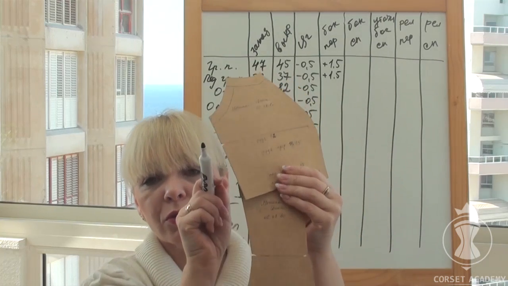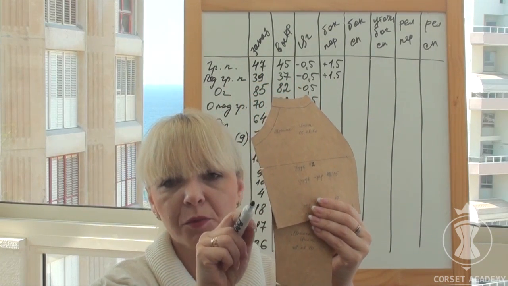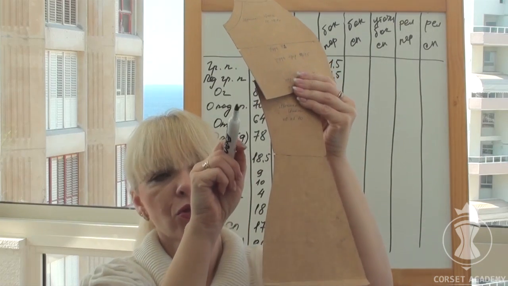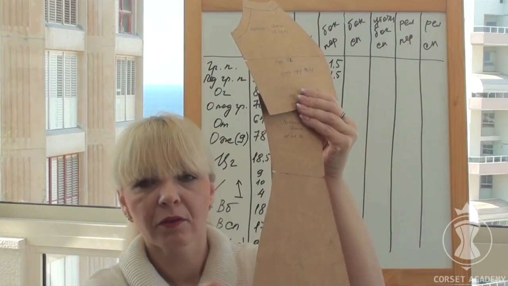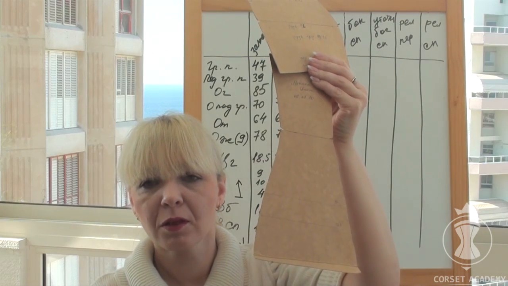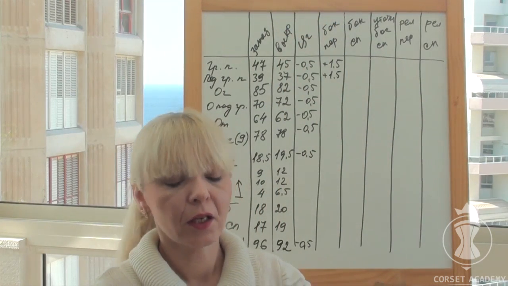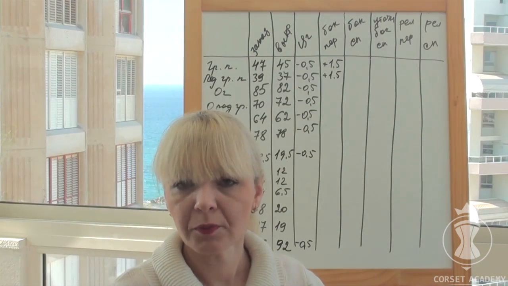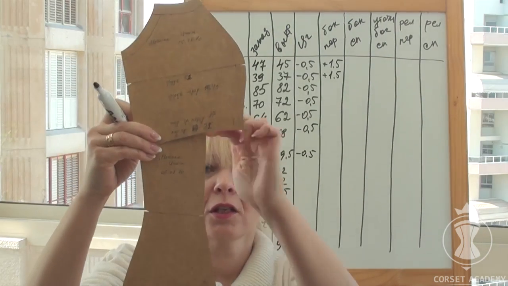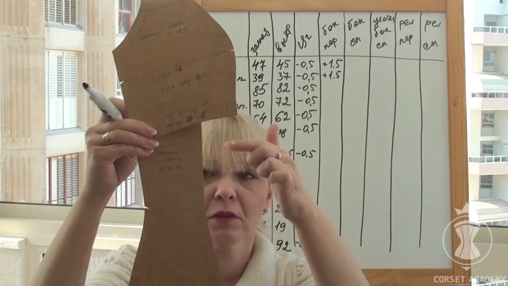If we need to add 1.5 centimeters at the bust line and the under bust line levels, then it is reasonable to assume that the same 1.5 centimeters should be added along the whole side of the front. If something doesn't match well later, we can work on the back princess seams and on the front princess seams that go down from the waistline. Of course, no alterations can be made for the front princess seams under the bust.